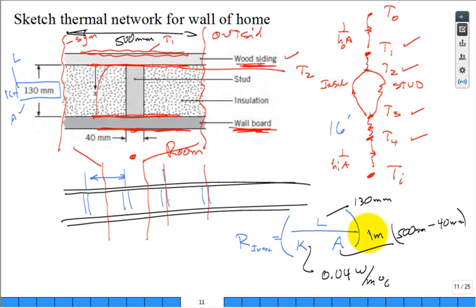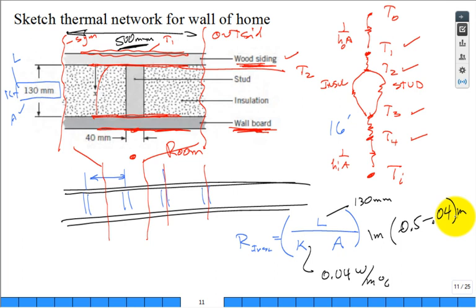So if you're going to maybe do a section, you have a 500 millimeter length there, and then go down into the paper, into the screen, 1 meter, fine, that would work. So I would rewrite this as being 1 meter times 0.5 minus 0.04 meter. That way I have the area in meters squared.